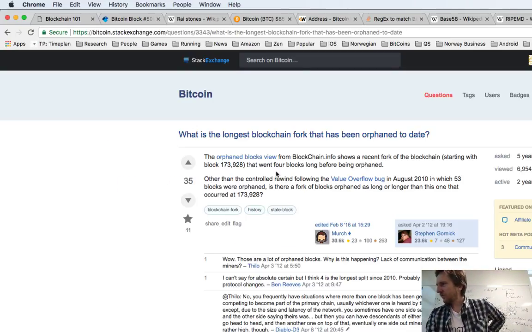The orphan block view shows a recent fork of the blockchain that went 4 blocks. Okay, so the longest one seems to be... there was a bug. So yeah, I do remember the bug.